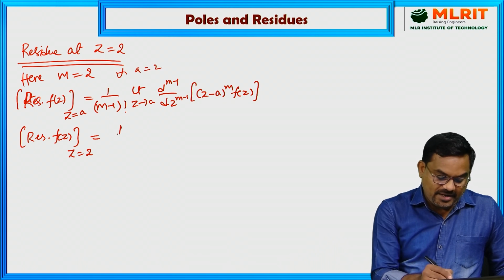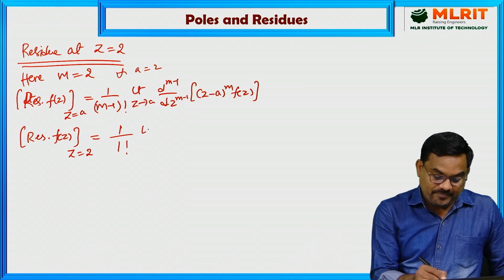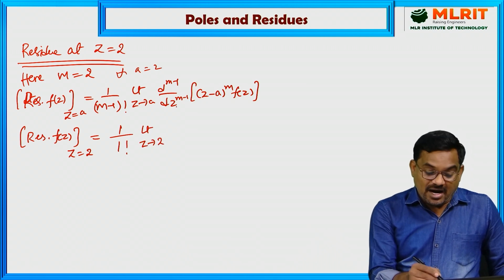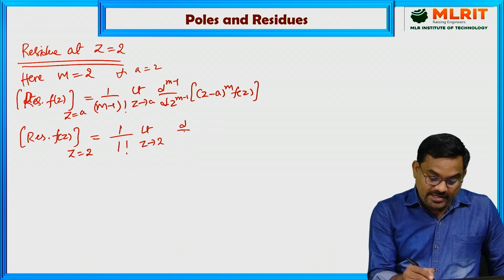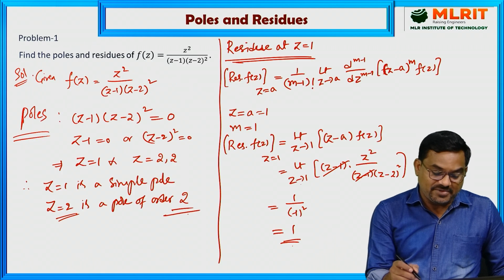So 1 by 2 minus 1, which is 1 factorial, limit z tends to a, which is 2 here, and m equal to 2, so d by dz remains, and z minus a whole square into f of z.